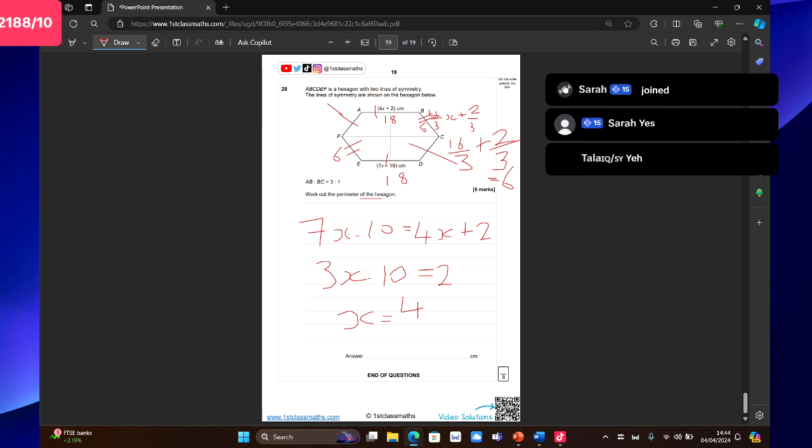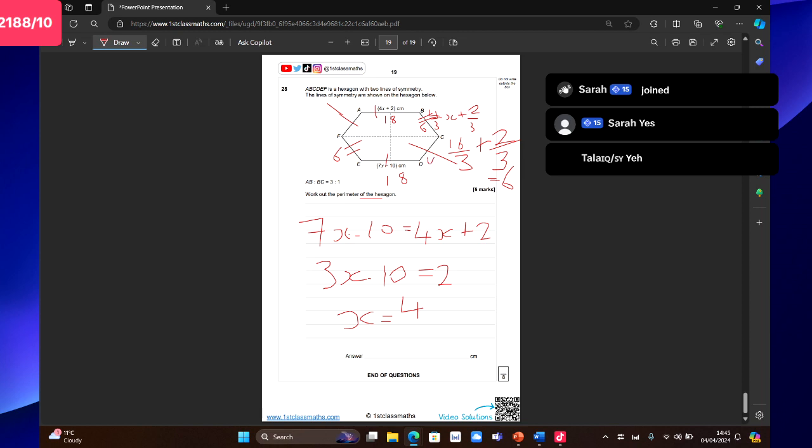Now, do we have any information about this, or can we use lines of symmetry to help us? Anyone got any of these guys? Yeah, so this is actually a bit more tricky.